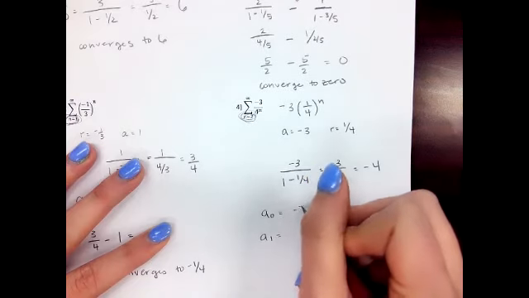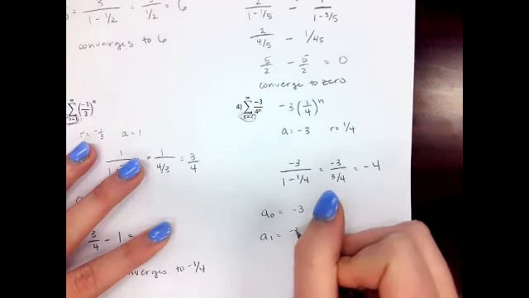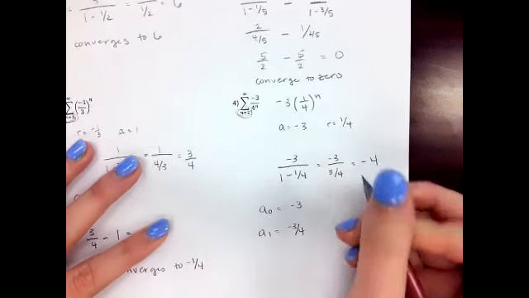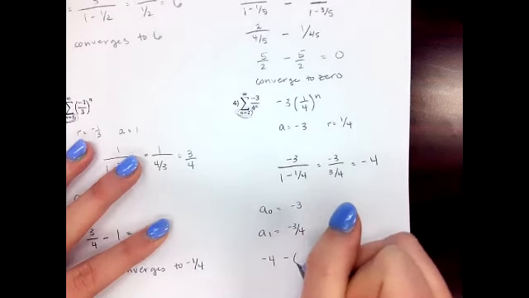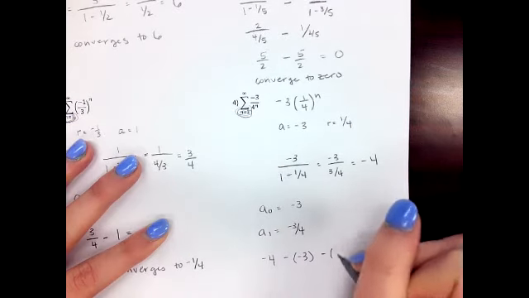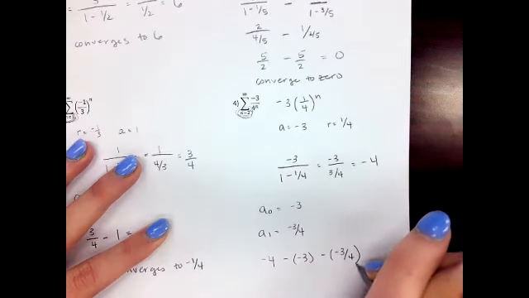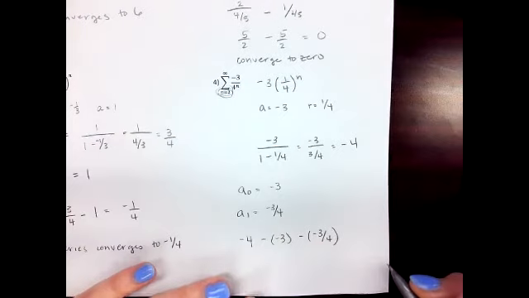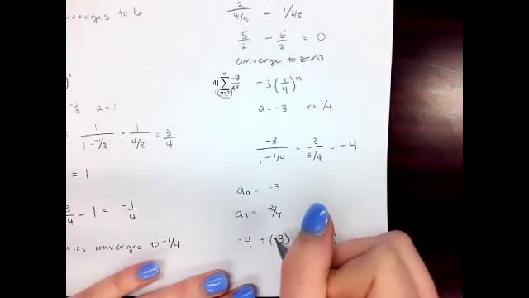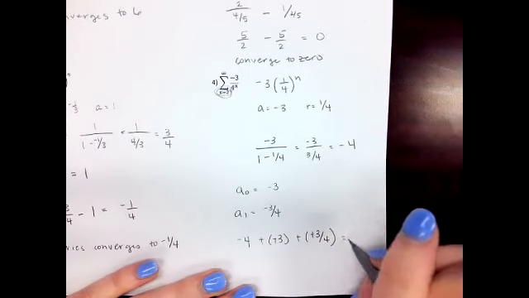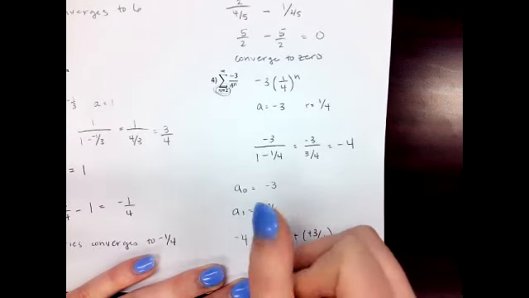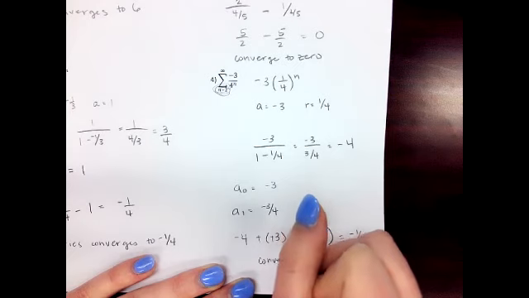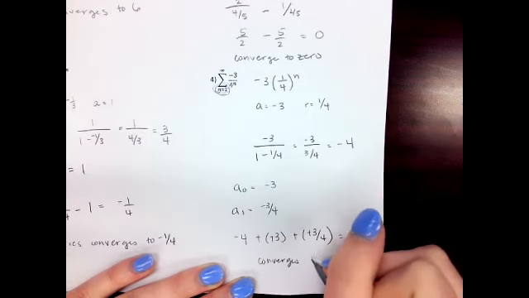The 0th term is -3. The first term is -3/4. And we're going to take those out of the sum we had already found. So we're going to subtract those out. When we do, we're going to get a -1/4. So we'll say that this series converges to -1/4 as well.